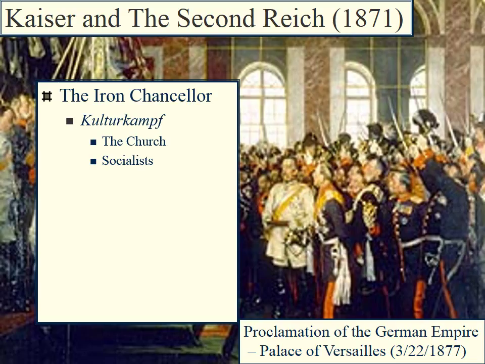This completely backfires. One, you don't go against the church, so a lot of the Catholics resisted greatly, and then with the socialists, you had workers that were upset that Bismarck was trying to take power away from them, so they then resist. So Bismarck actually has to step back and say, you know what, I'm sorry, I shouldn't have done that.